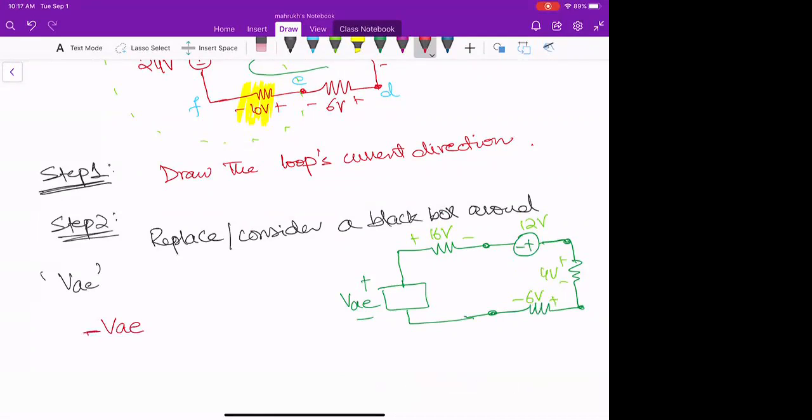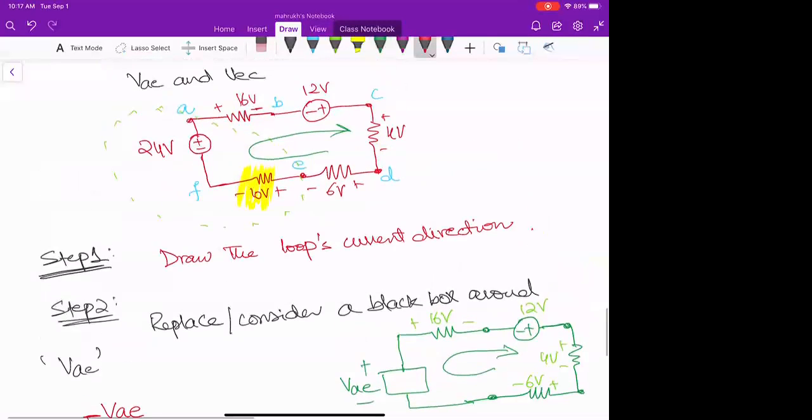VAE minus VAE, if I just draw this. How did you know which side of the VAE to put the plus and the minus? That's a good question.